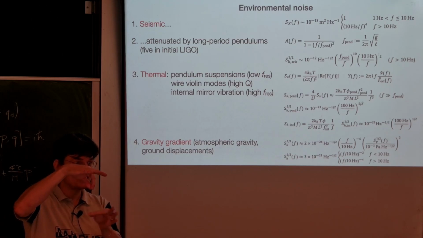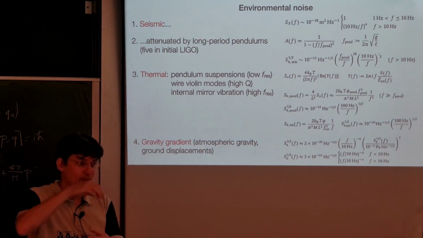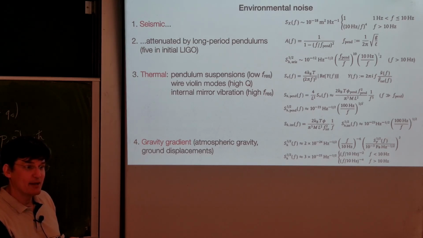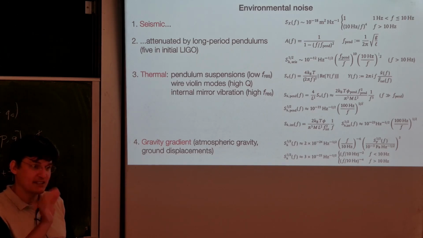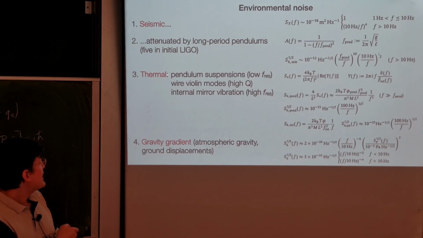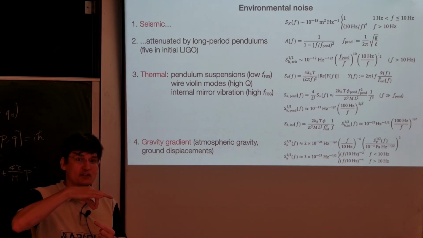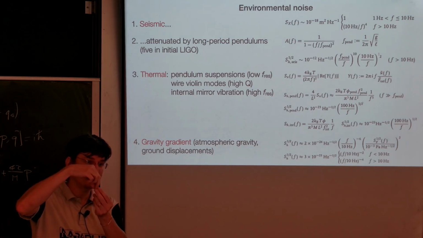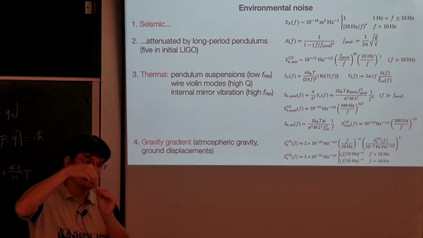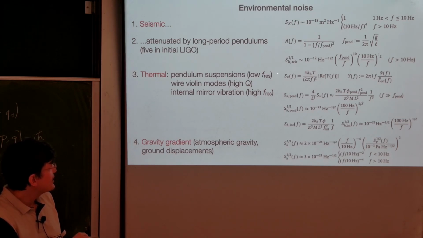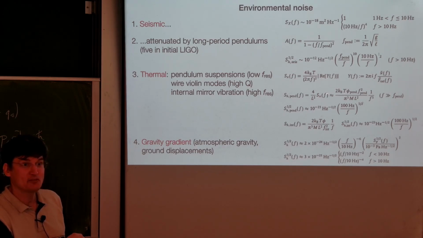You can have modes of the string, let's say. But these are high Q, meaning they're very highly resonant, and they end up as noise in very peaked frequency in the spectrum. And finally, the one that's a bit surprising if you think about it. It's where the pendulum is suspended. So the fact that you need to have your wire into some kind of rigid hold, and there's a little bit of friction there. And in all this game, you use statistical physics, so who's statistical physics keen enough here to recognize that formula?